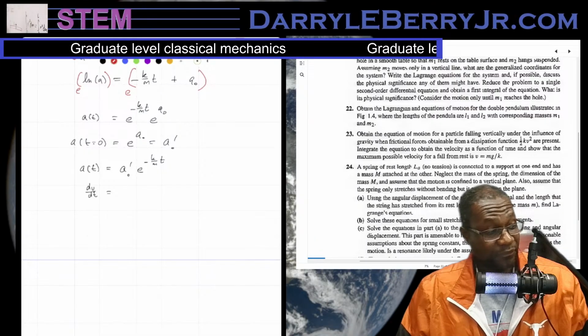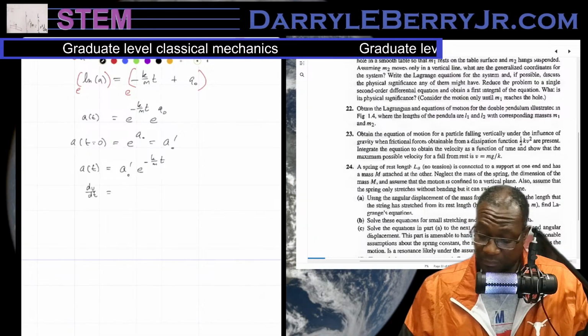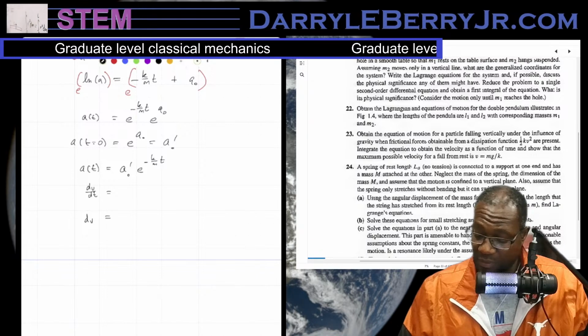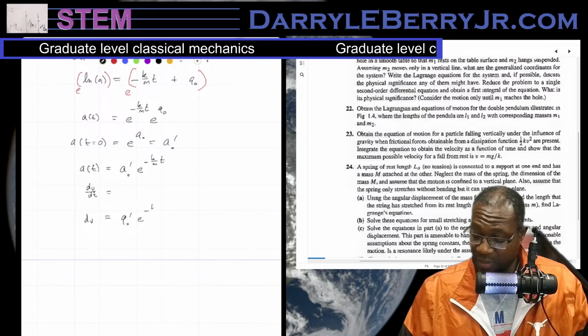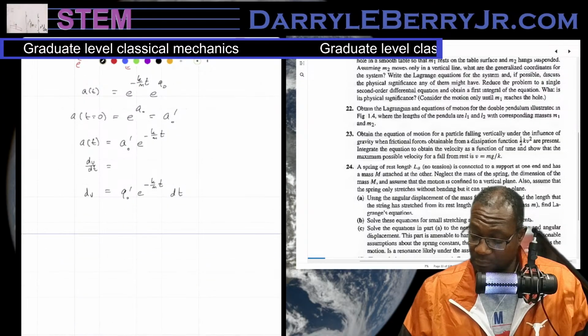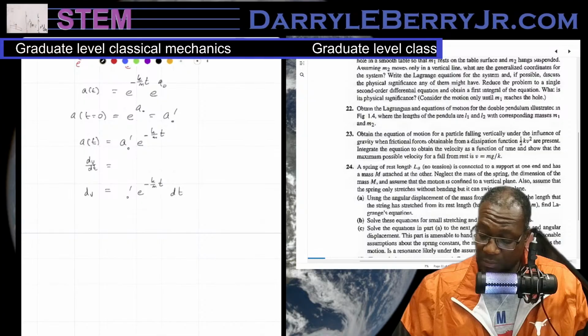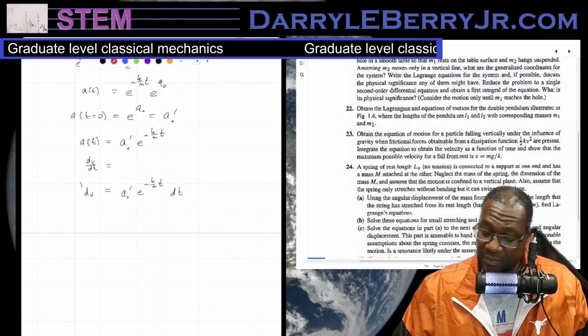So now we have dv equals a naught prime e to the negative k over m t dt. And I'll integrate both sides of this.